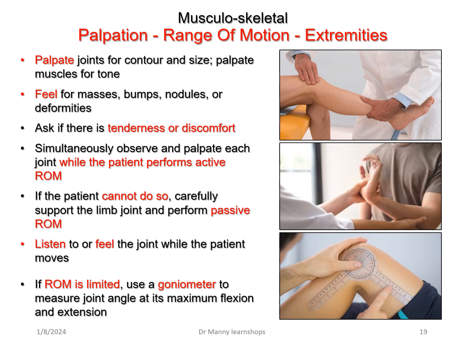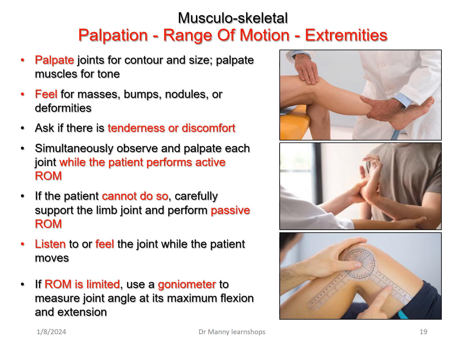On palpation, in respect to range of motion of the extremities, you palpate the joints for contour, size. You palpate for muscle tone. You feel for masses, bumps, nodules, or any deformities. And you ask the patient, is there any tenderness or discomfort? Simultaneously, you observe and palpate each joint while the patient performs active range of motion.